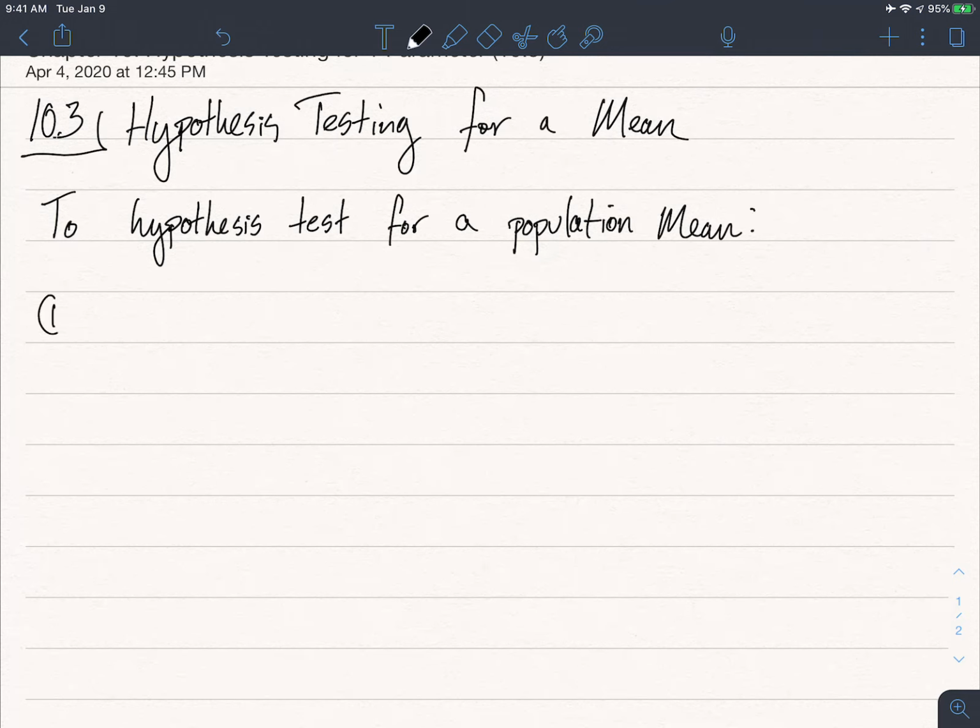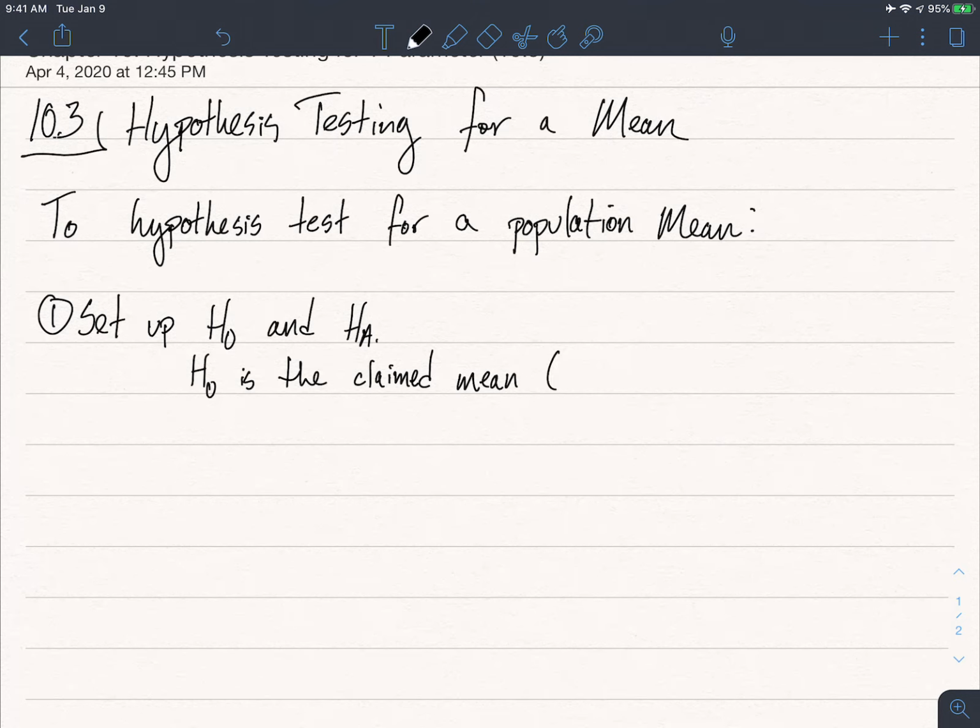Here are the steps. Step 1, set up H0 and HA. And just so that everyone remembers, H0 is the claimed mean and should involve an equal sign.